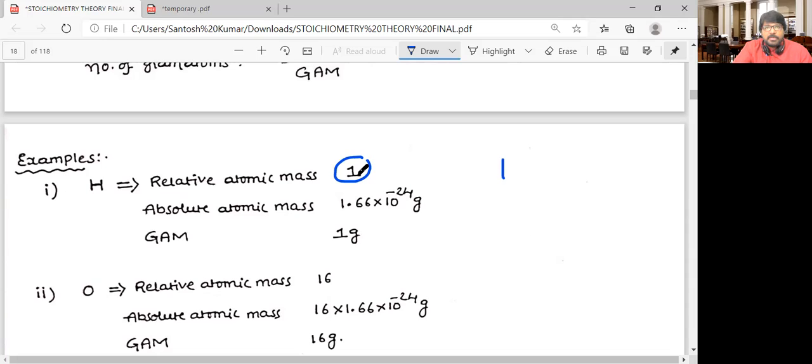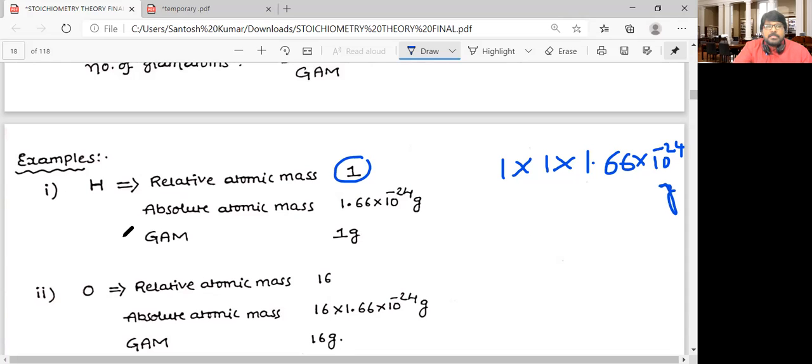What is the relative atomic mass? 1 into AMU mass. Which scale we are using? IUPAC scale. IUPAC scale means what is AMU? AMU mass is 1/12 part of C12 isotope. What is 1/12 part of C12 isotope? 1. But it should be in grams. Therefore, 1.66 into 10 power minus 24 grams, like this.